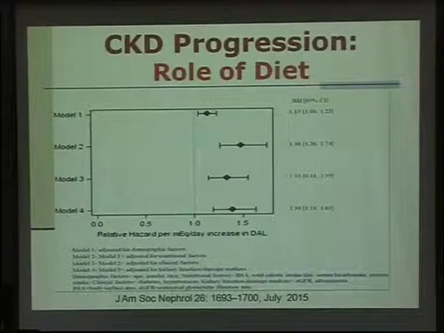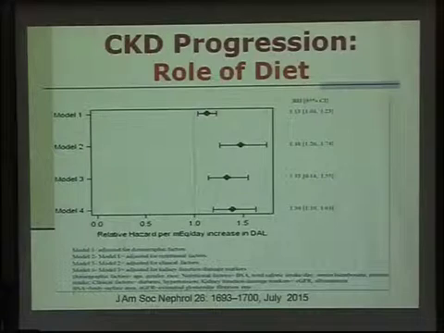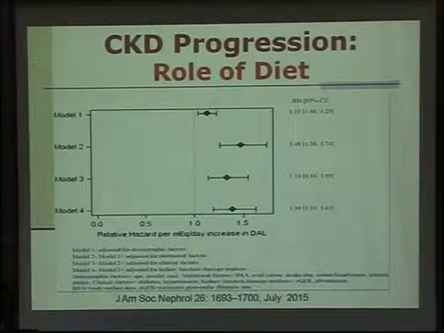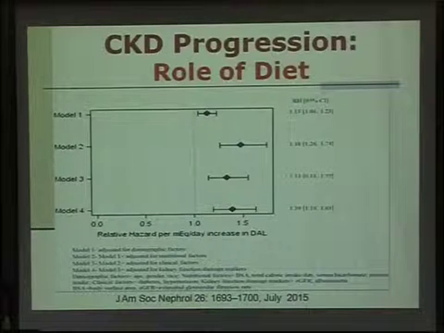So it seems that nutrition therapy has a beneficial effect, and we should educate ourselves. We should have a dietitian in our service. If you have a dialysis unit, you should have a dietitian. Because as nephrologists, we just ask, we would like to have a diet low in phosphorus but high in protein.